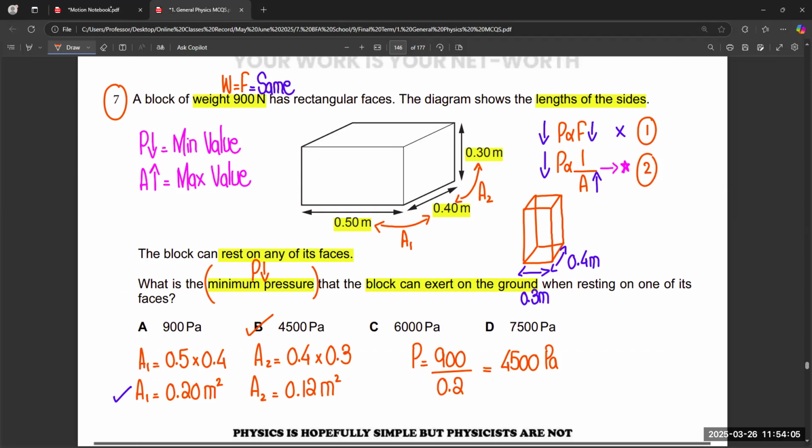And if we decrease area, pressure increases. So minimum pressure can be found with the help of greater value of area. Because when we use the greater value of area, you will get the smallest value of pressure in your answer, right? Okay, so got it. It's clear now. Thanks. Okay.